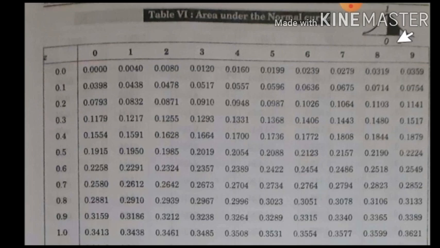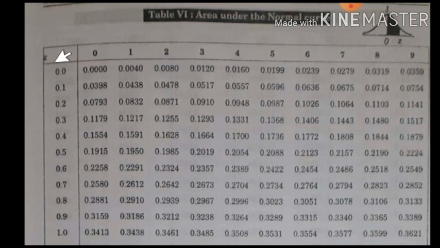Hence, we standardize and simplify the integrand, and the integrand value, that is the area under the normal curve, has already been calculated using numerical methods, and the standard values are given in tabular form. See, this is the area under the normal curve. This is a table which I have taken from the Grewal textbook.